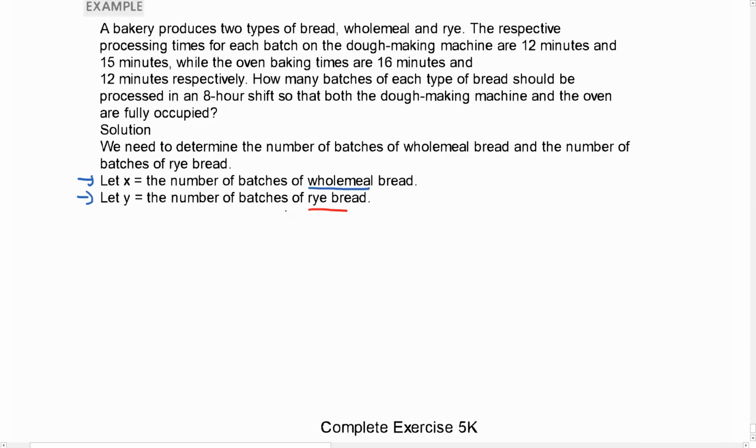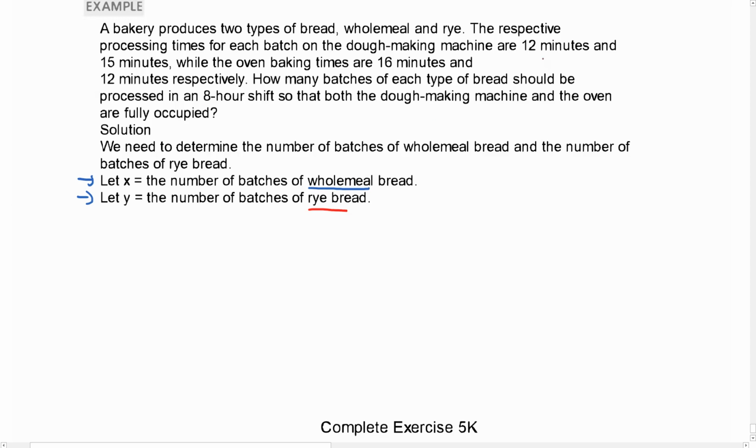That's what it's asking. And according to this question, in one batch, for the dough making machine, it takes 12 minutes for the wholemeal bread, and then 15 minutes for the rye bread.